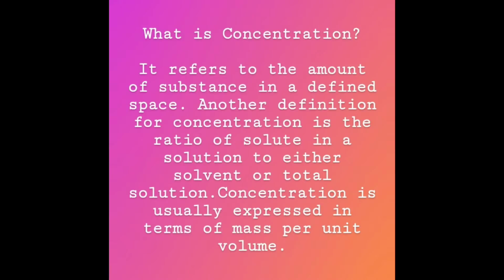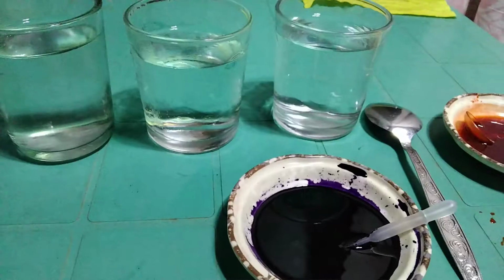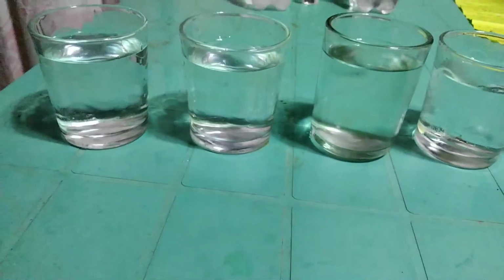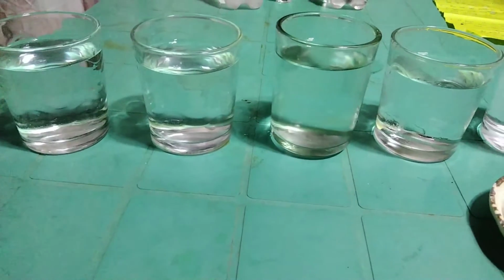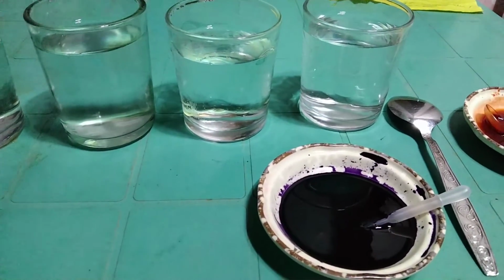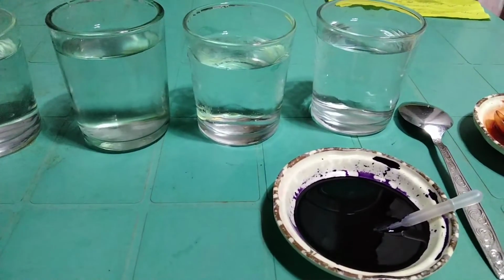So the last experiment that I will demonstrate is an example of concentration. These are the materials that I will be using in our experiment: 5 glasses of water, and also a spoon and a food coloring.